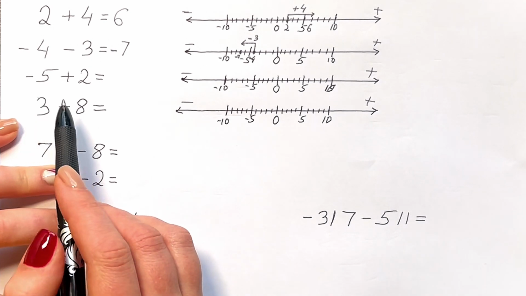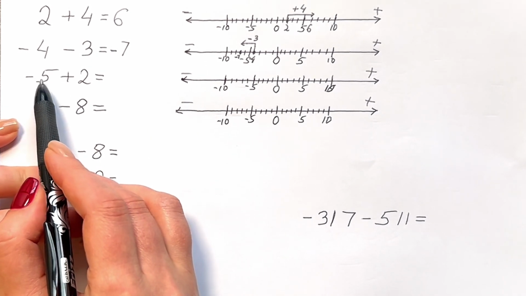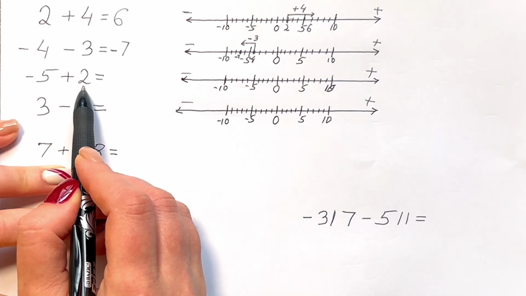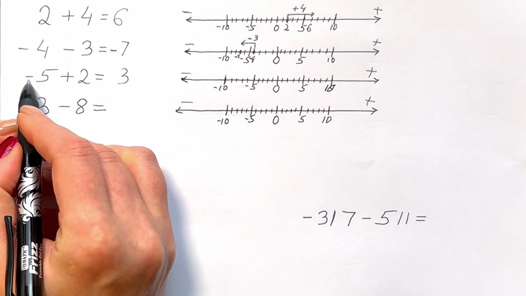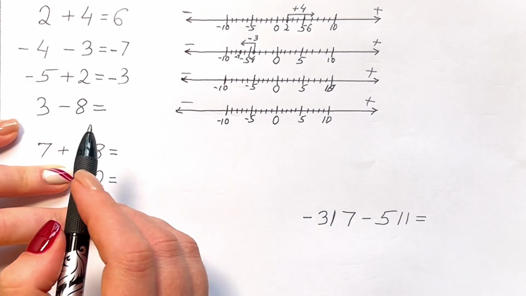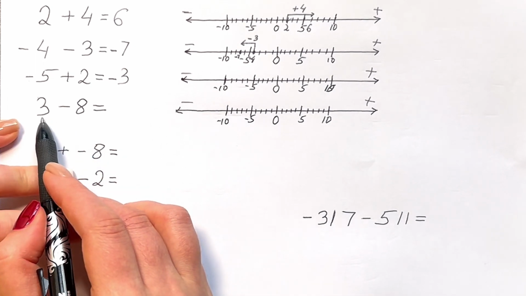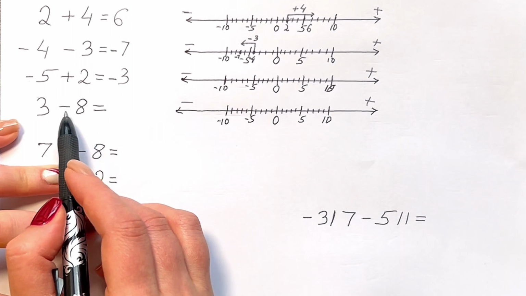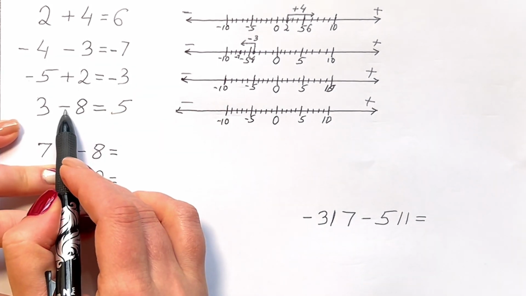Which number is bigger here? 5. From the biggest number, I'm taking out the smallest number and putting the biggest number's sign. Okay. From the biggest number, I'm taking out the smallest number, 8 minus 3, and putting the biggest number's sign.